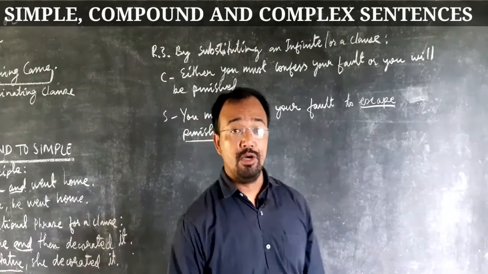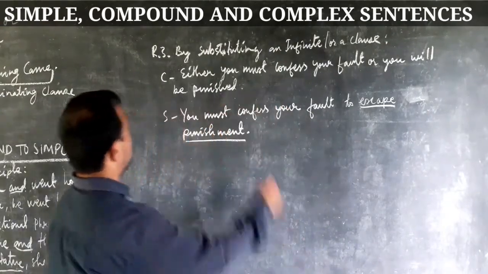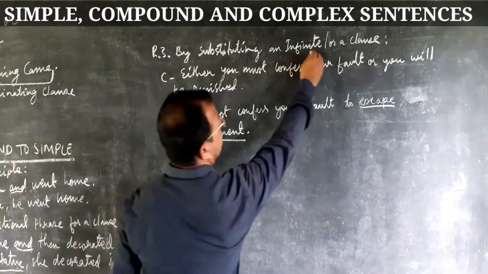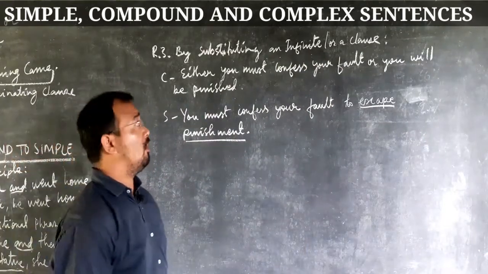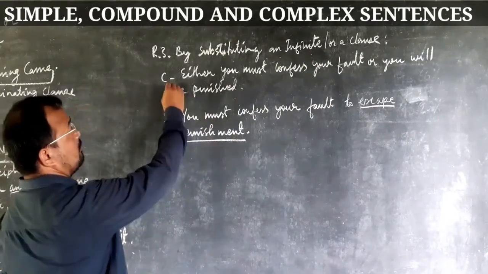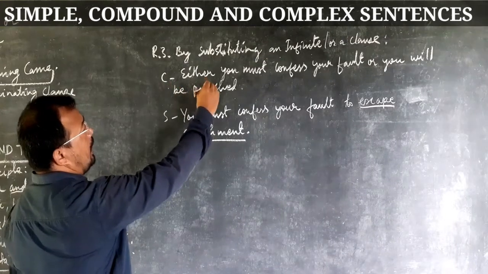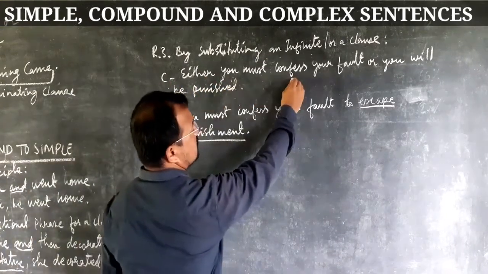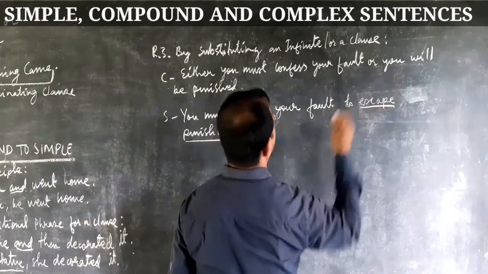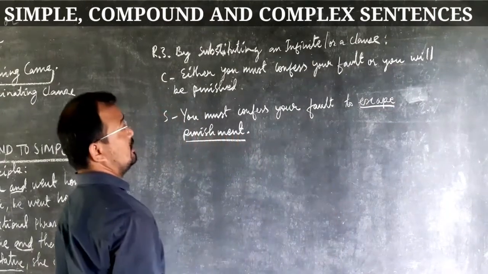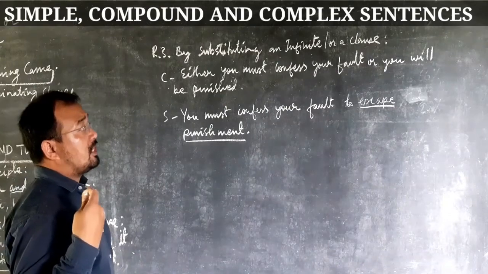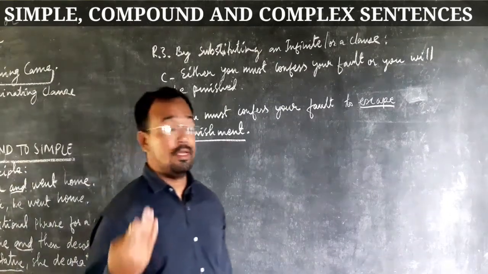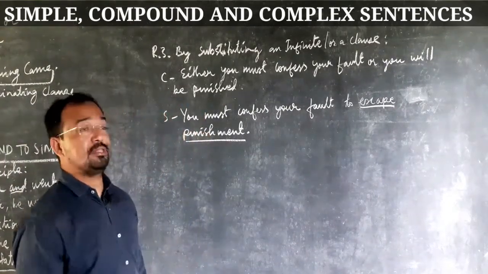Okay, now rule number 3. Rule number 3 says by substituting an infinitive or a clause. Now here you will substitute an infinitive or a clause, like compound sentence here, either you must confess your fault or you will be punished. So here the question says, means you must confess your fault to escape a punishment.